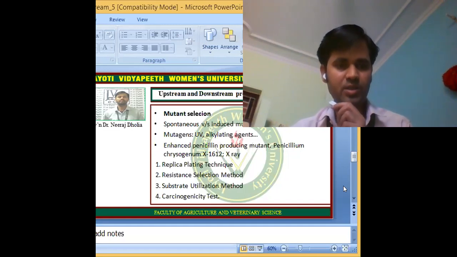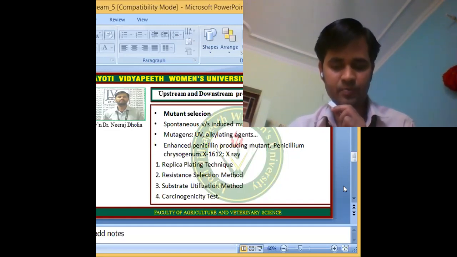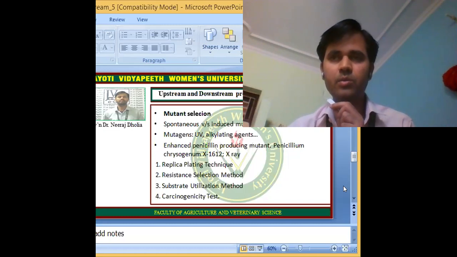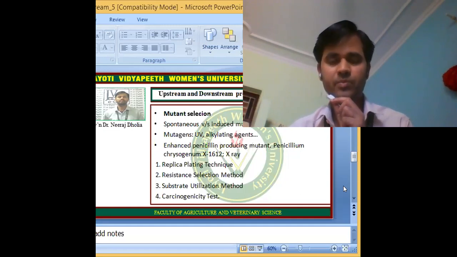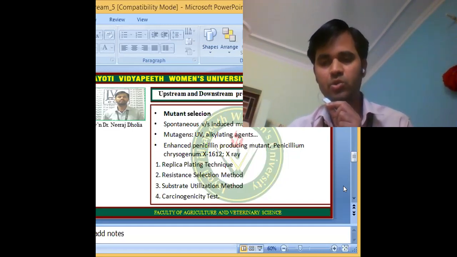Okay, so next is the substrate utilization method. Microorganisms have limited capacity; they can use only a limited number of carbon sources. So if the bacteria have a mutation and have gained the capacity to use another carbon source, that will grow there.